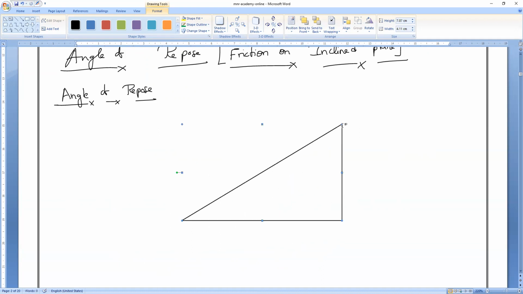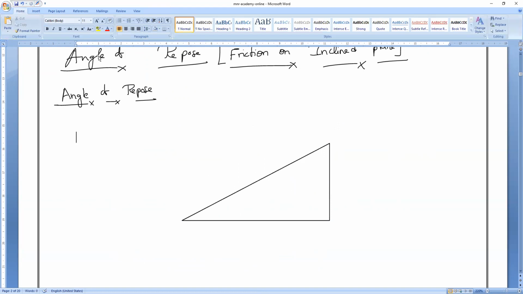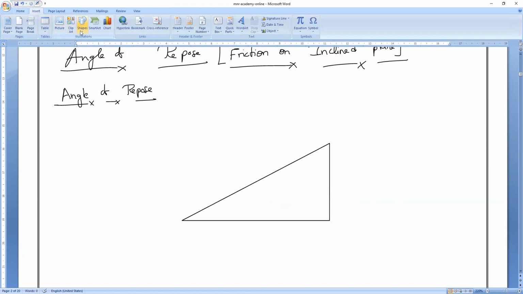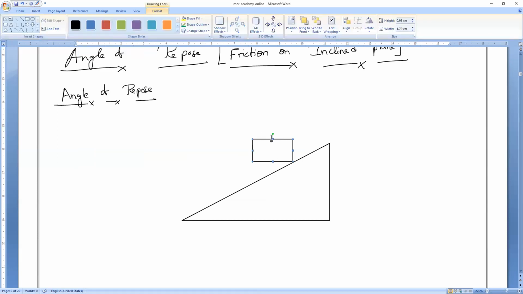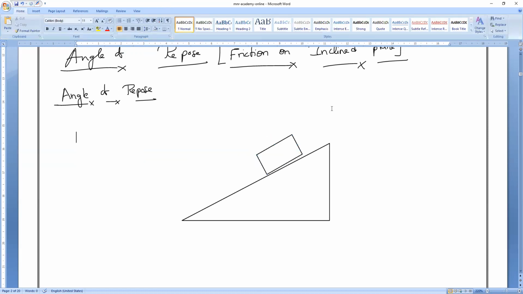Now you can take any direction, nothing wrong in that. So I am taking this one. I know that it has a mass M. This is the mass of the object.